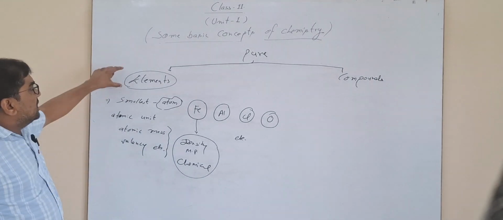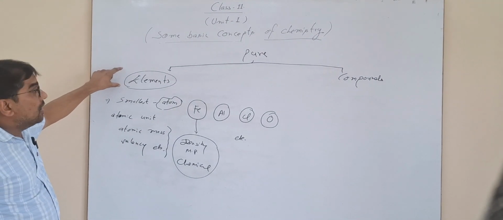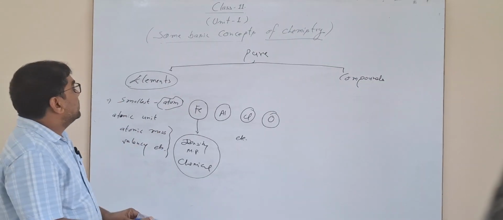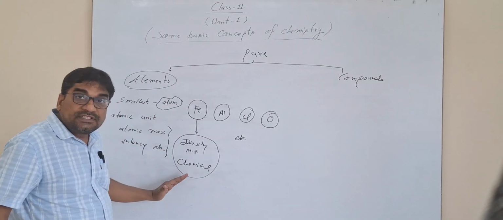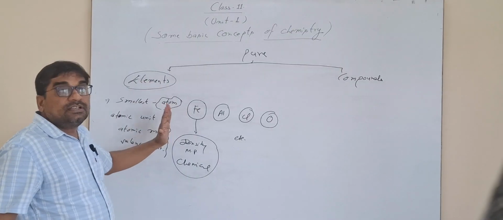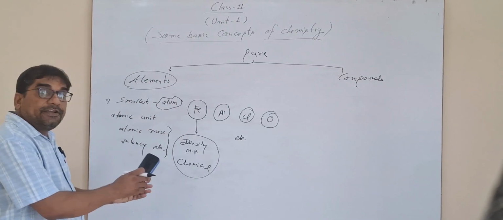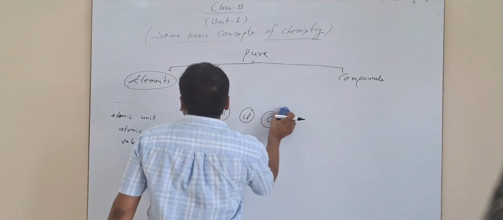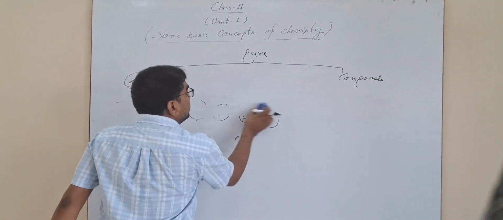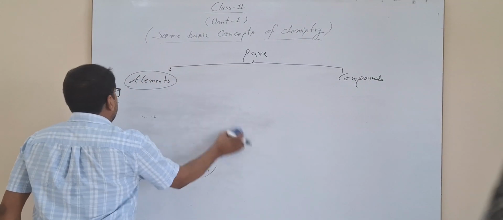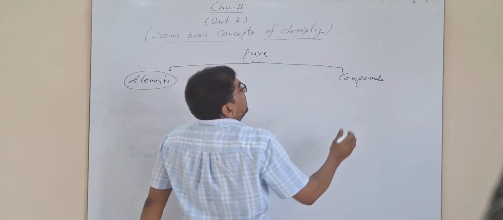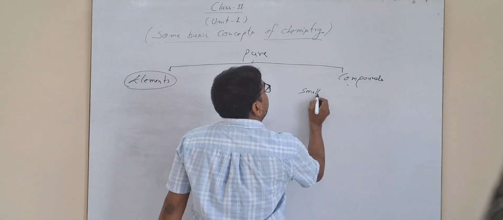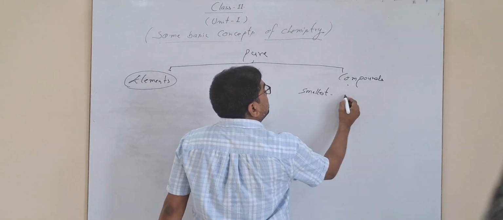That's why elements are a pure form of matter. The smallest part is the atom, and all the chemical and physical properties of a particular element will be the same, and different from other elements. Next is compound. The smallest part of a compound is a molecule.